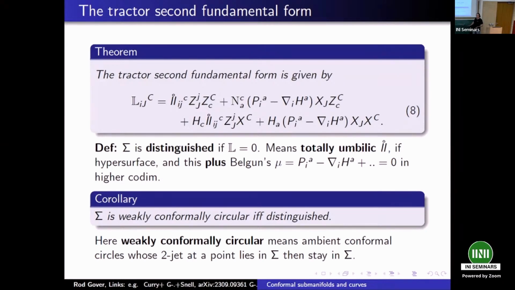Does that curve stay in the submanifold or not? If it stays in, then you say it's weakly conformally circular. Okay, so now the theorem here, which is a corollary of all this stuff, is that the submanifold is weakly conformally circular if and only if it's distinguished. So in other words, if this L is 0.